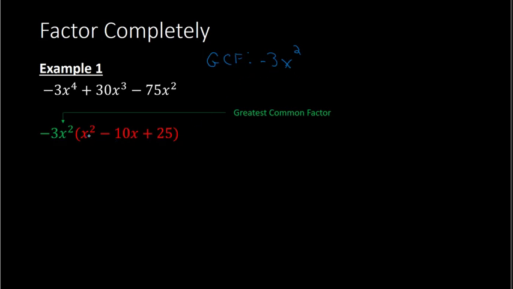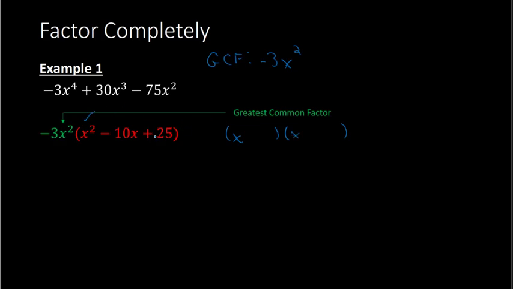Now from here, we have this trinomial in parentheses, x squared minus 10x plus 25. So from here, we can factor again, where we have x and then x to get the x squared for the first term.